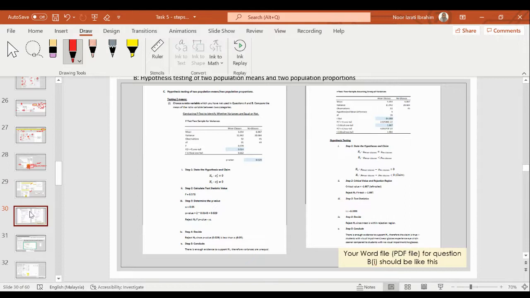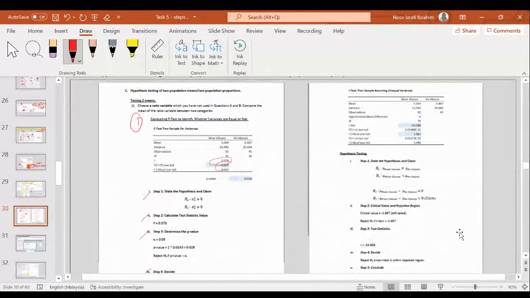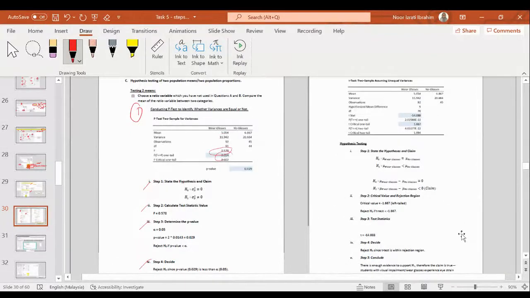The first one is to test the equal or unequal variance. There are 5 steps here. You have to mention the F-test, you have to mention the p-value inside here. And for step 2, which is on testing the mean, you have to come up with all the 5 steps also.